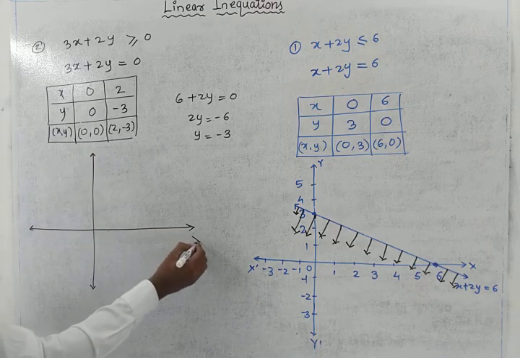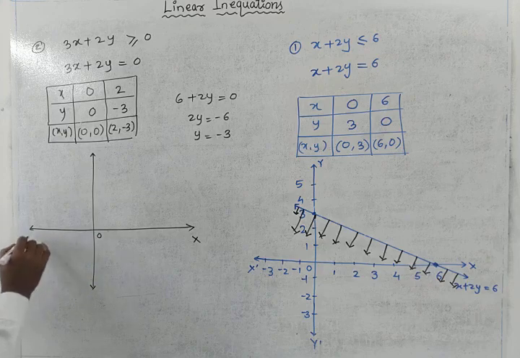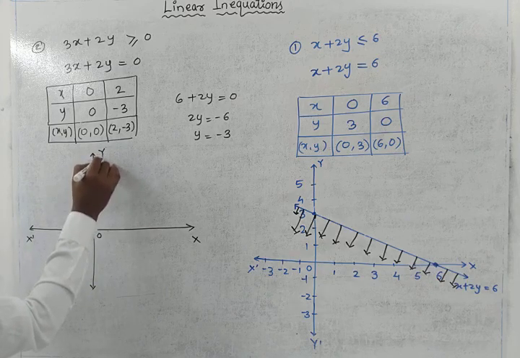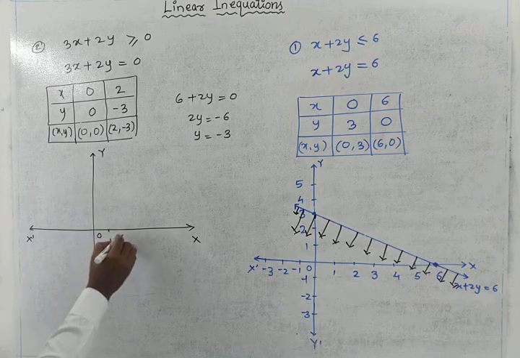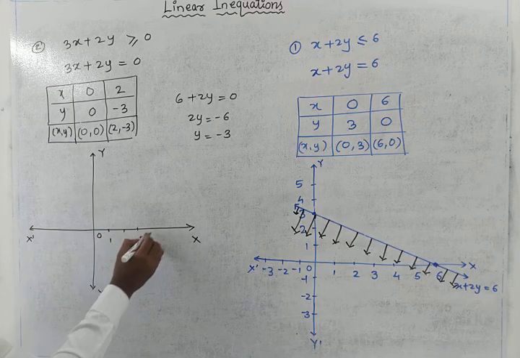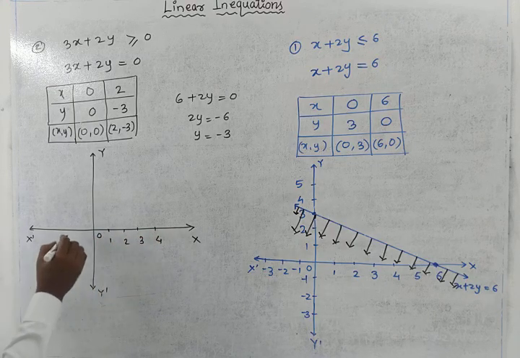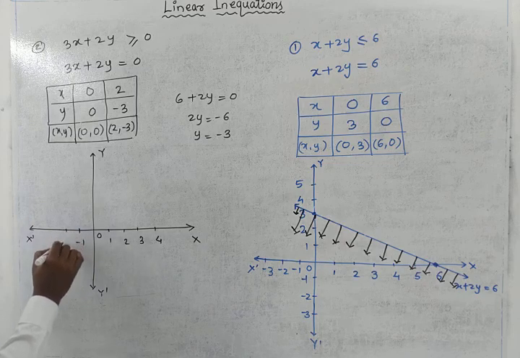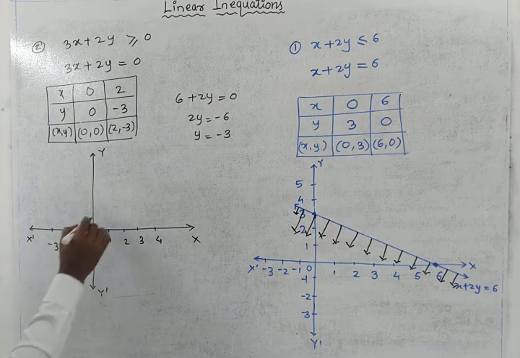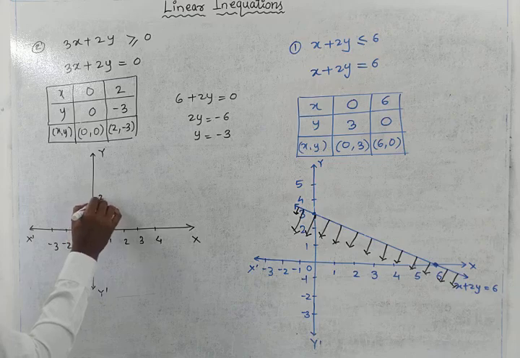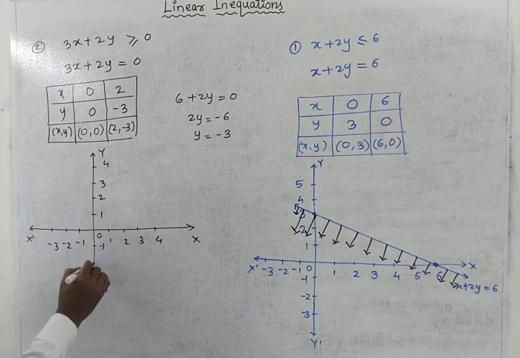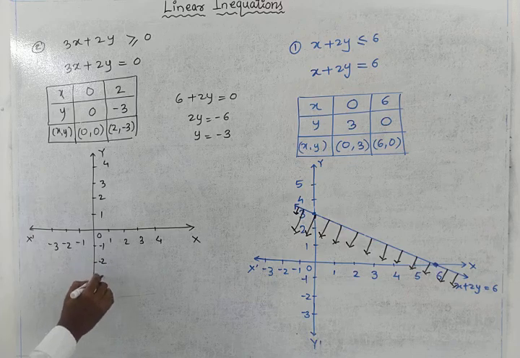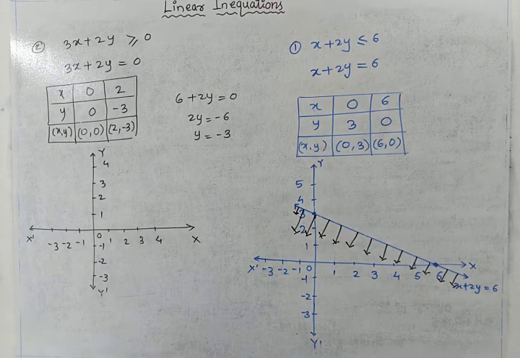So here we have X'OX and Y'OY, with the points 1, 2, 3, 4 and minus 1, minus 2, minus 3 on both axes.